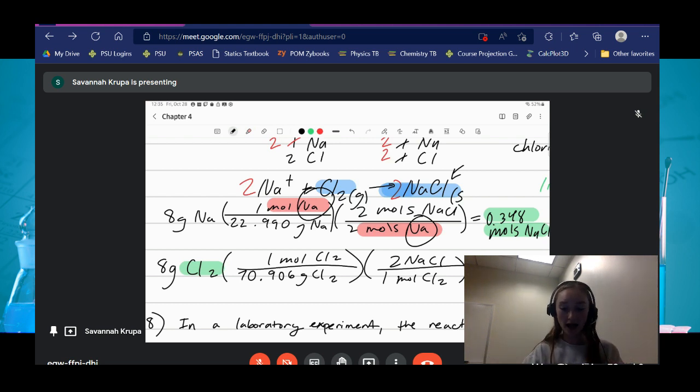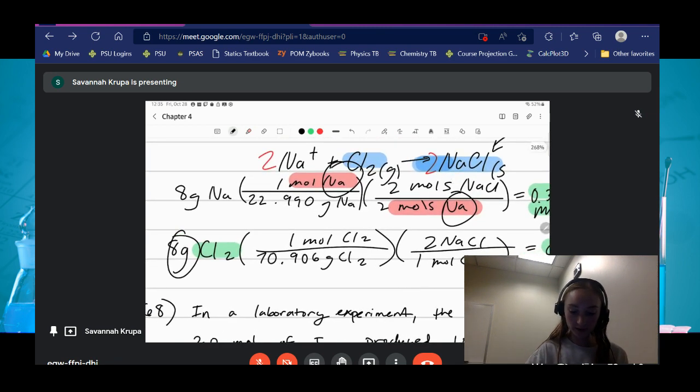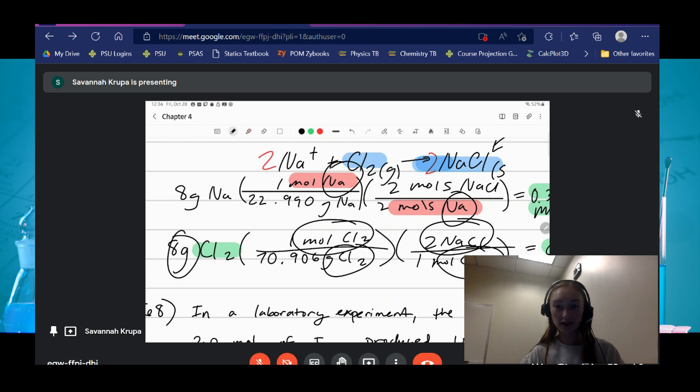We want sodium chloride as our units. So we go from grams of chlorine gas and cancel it out, so we don't have the chlorine gas units anymore. Now we're in units of moles, and then moles of chlorine gas cancel with moles of chlorine gas, and we're left with the units of sodium chloride. Canceling out just means we don't have the units of it anymore. Does that answer your question?